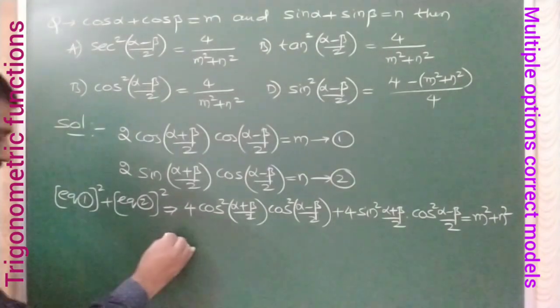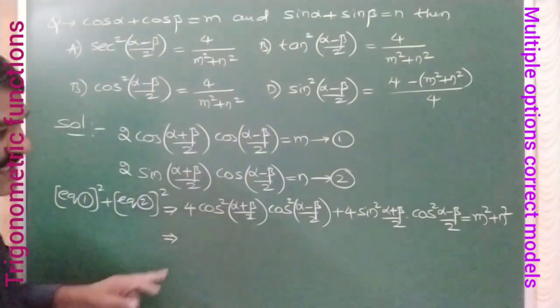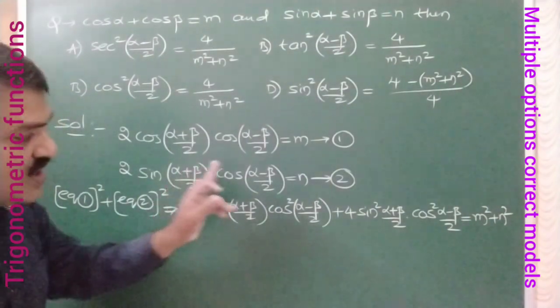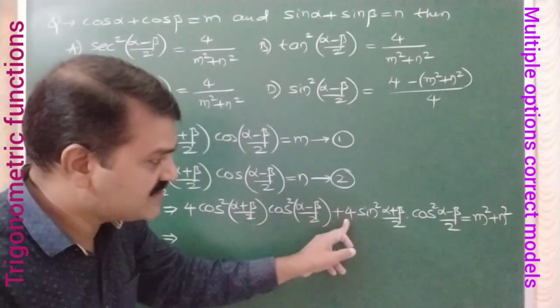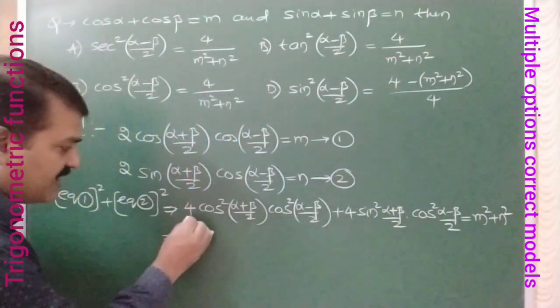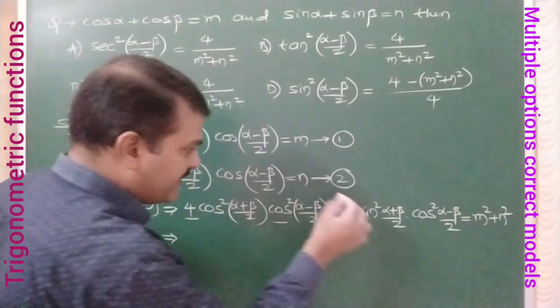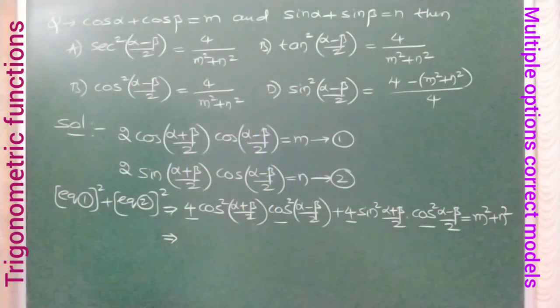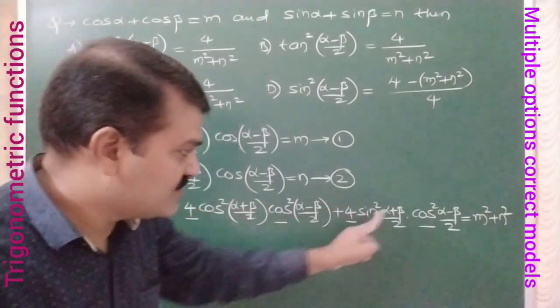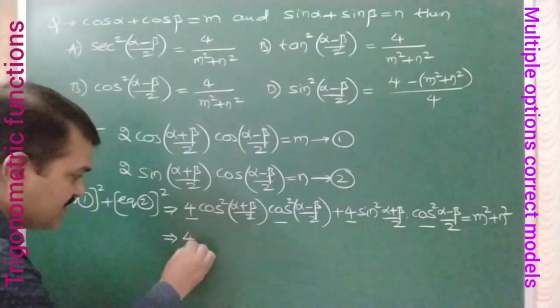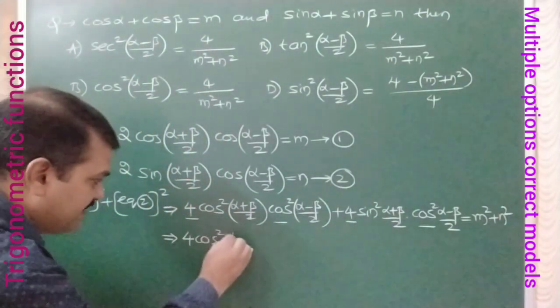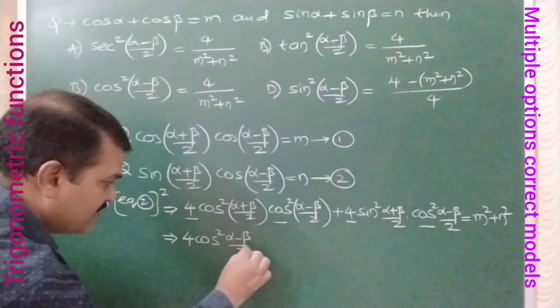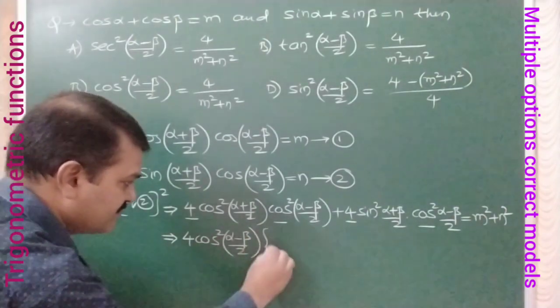Now in the LHS you can clearly observe that 4 cos square (alpha minus beta)/2 is common in both the terms. The underlined part is common in both the terms. So 4 cos square (alpha minus beta)/2 is common.